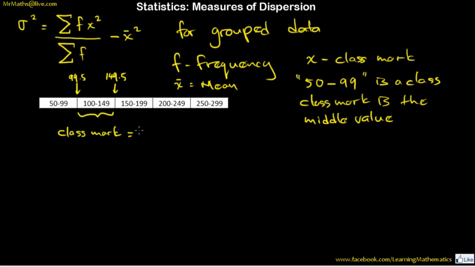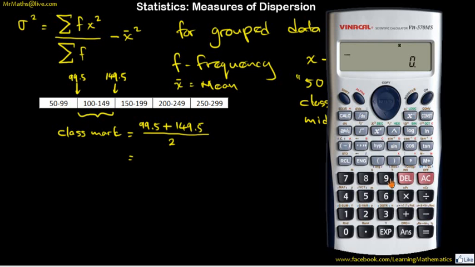So the class mark for this class is 99.5 plus 149.5 divided by 2. Let's use the calculator. 99.5 plus 149.5, we are taking the middle value for that class.